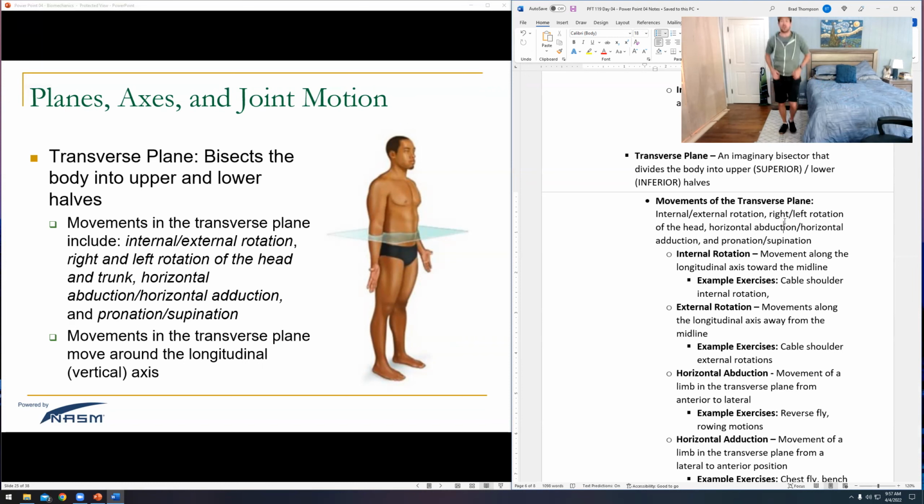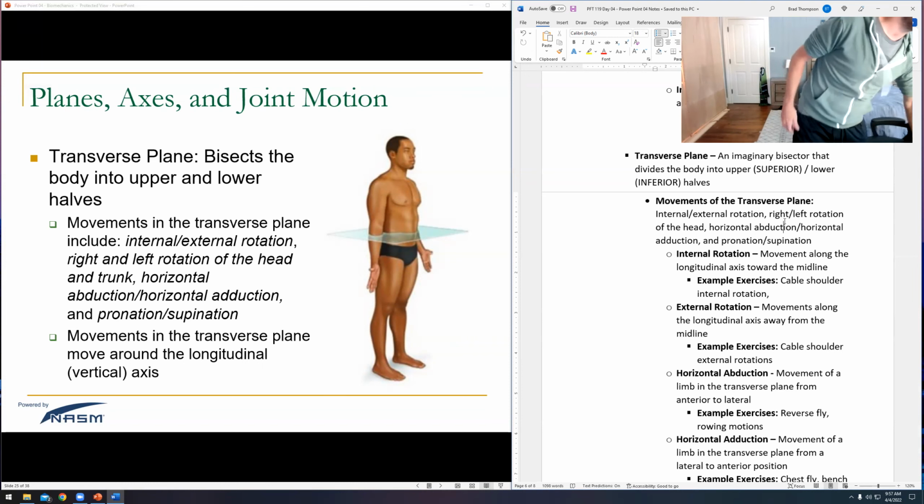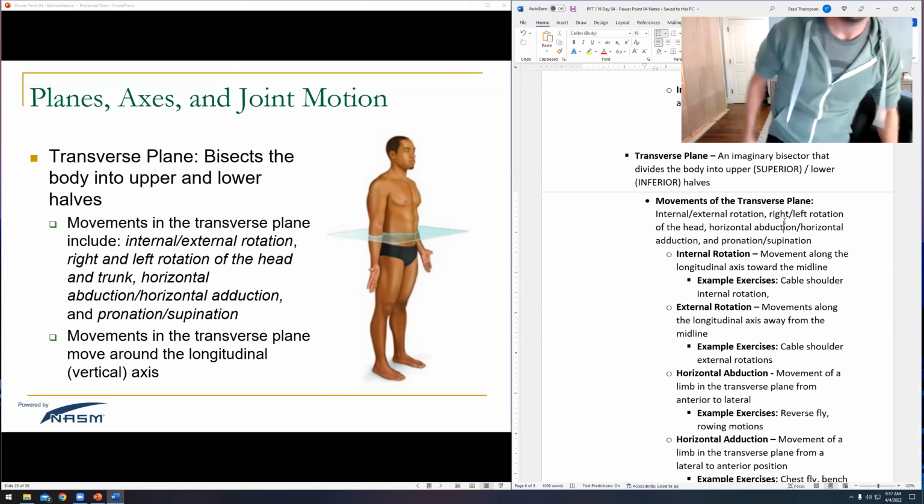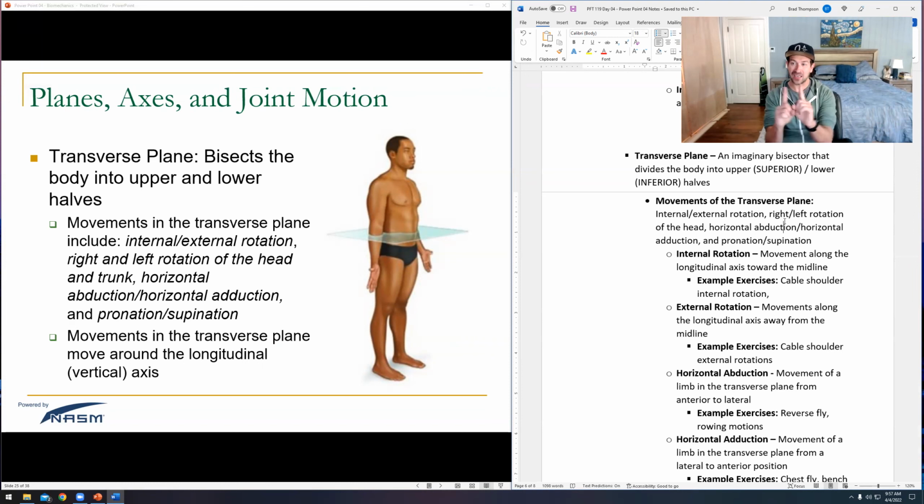Those are what we call horizontal adduction and horizontal abduction. So I am adding or I'm taking away, I'm abducting towards my midline again. So we're kind of putting a little bit of transverse and a little bit of frontal together with that one. But those are kind of special. And then we got pronation and supination, which really put them together.